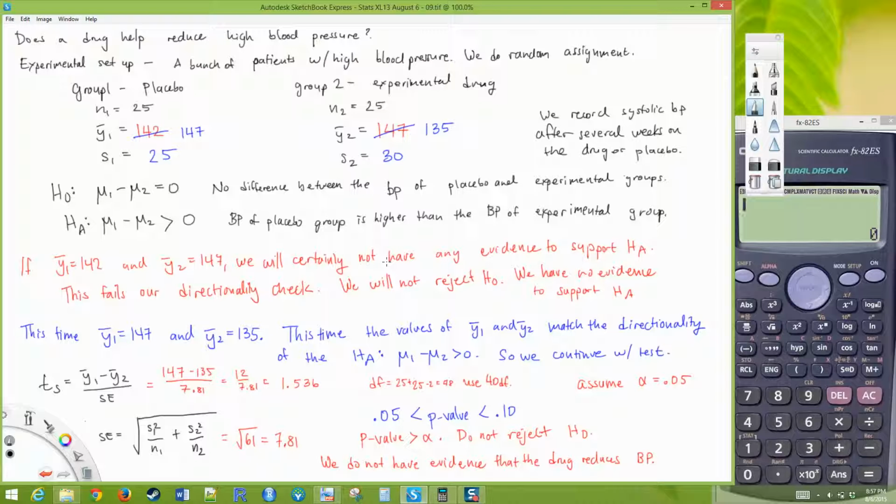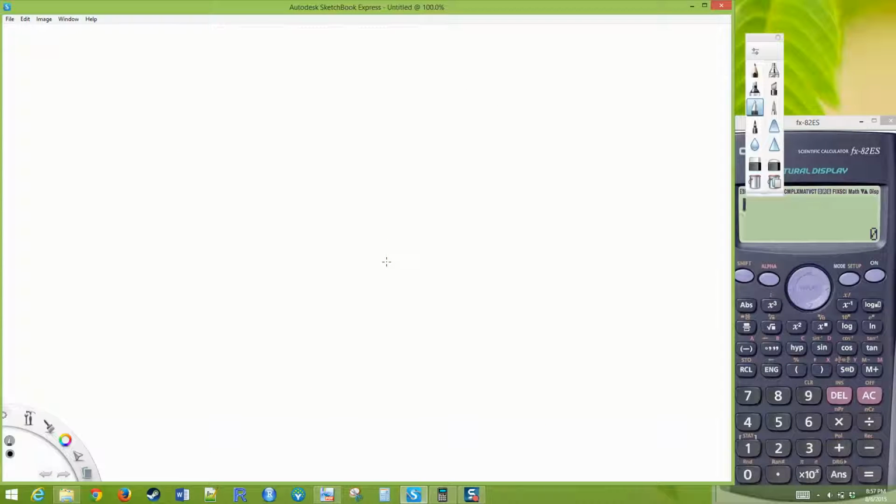All right. So I want to relate this back to confidence intervals. With confidence intervals, we did something very similar. We looked at 2 samples and we compared their means, and we created a confidence interval for mu1 minus mu2 based on 2 samples.